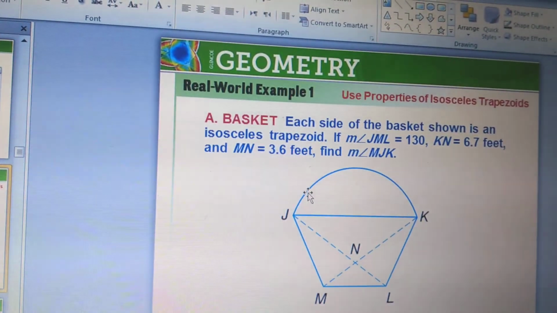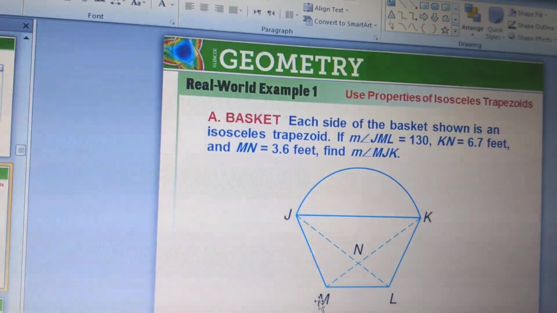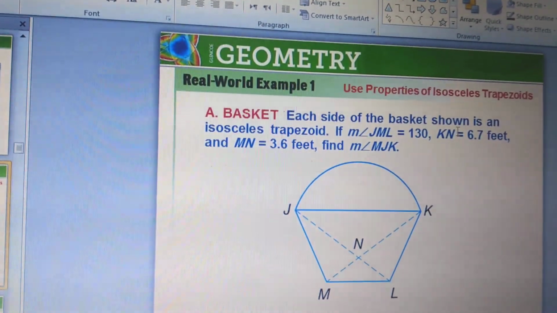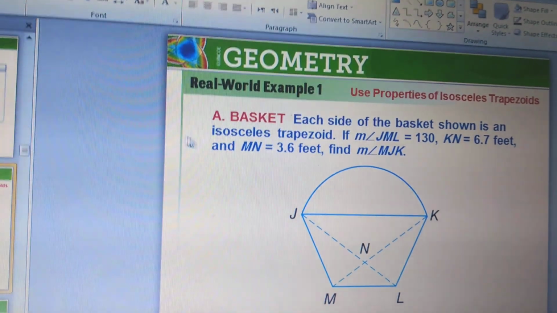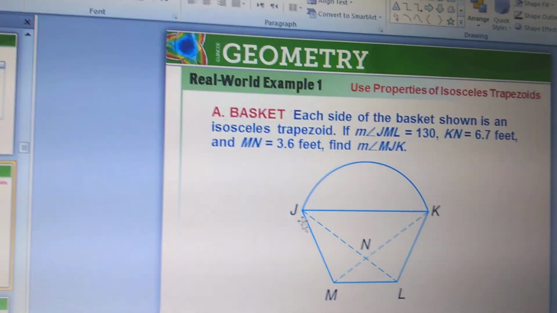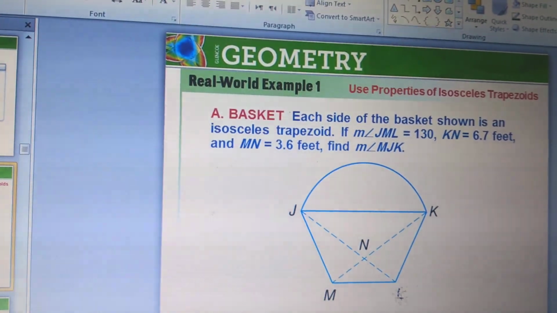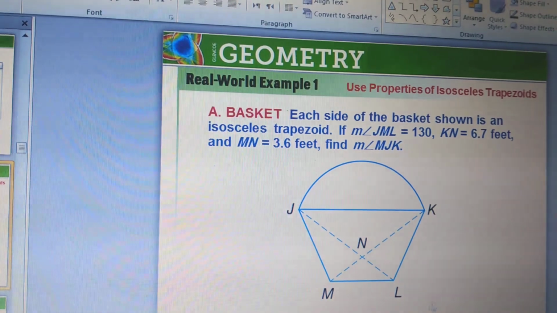This means JK is parallel to ML. Again, how do I know? Because he said it is an isosceles trapezoid. In an isosceles trapezoid, we have one pair of opposite sides, which are the bases, parallel. This means JK and ML are parallel.